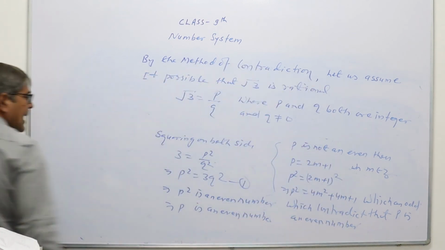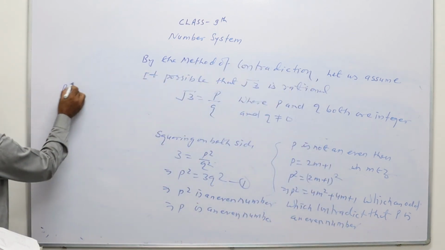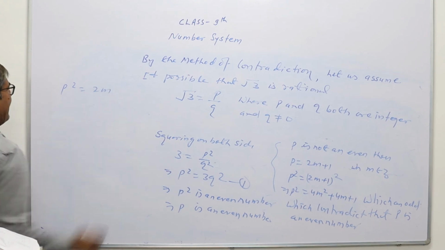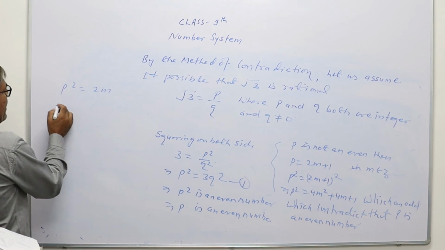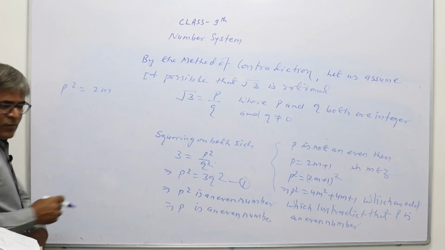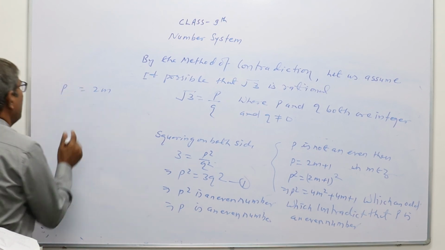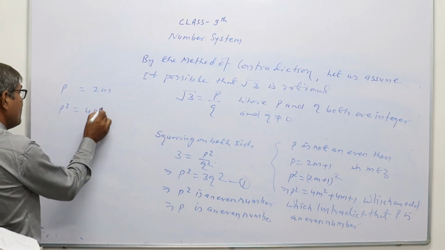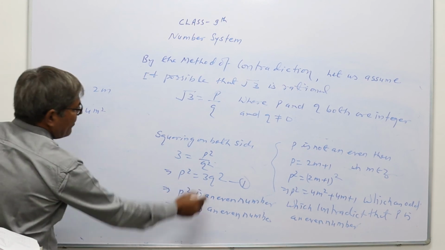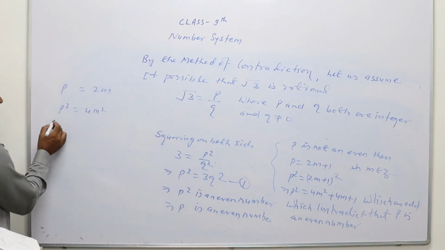Now let p be equal to 2m. Squaring on both sides, p square is equal to 4m square. By equation number first, p square is equal to 3q square.